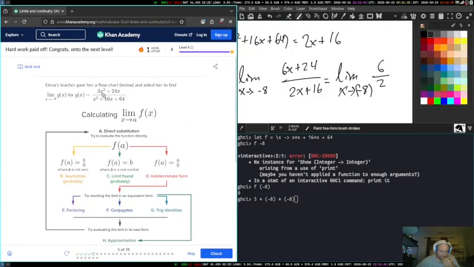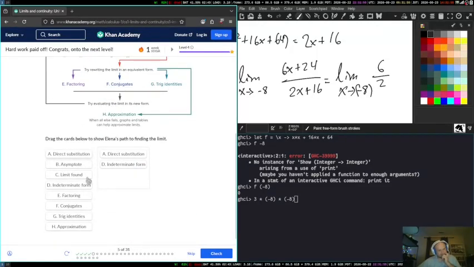So this would be x times (3x plus 24). I don't remember how to factor polynomials. It's like the completing the square stuff, I don't remember any of that. What are conjugates?